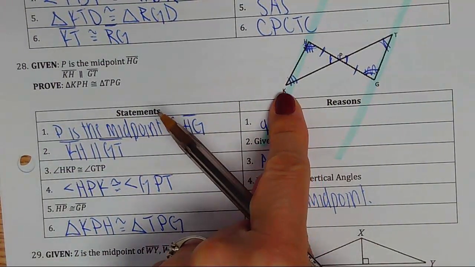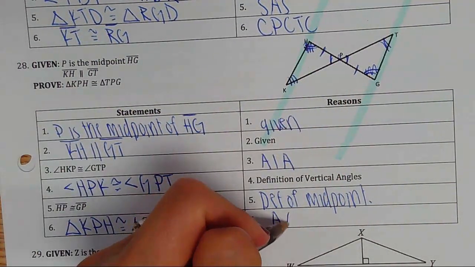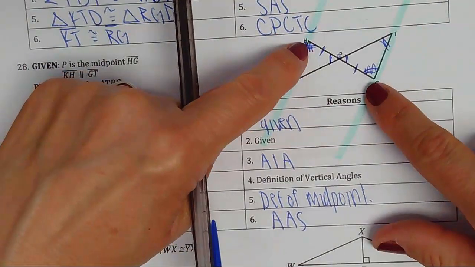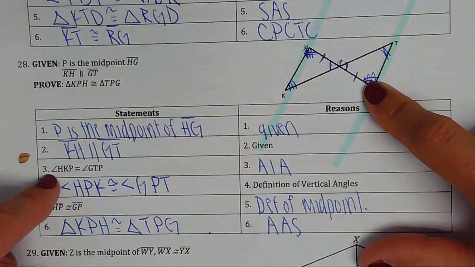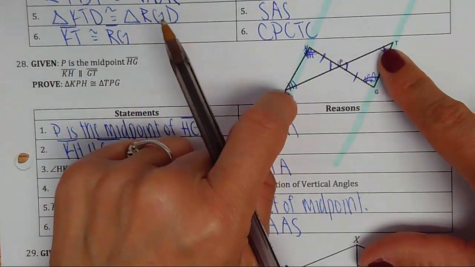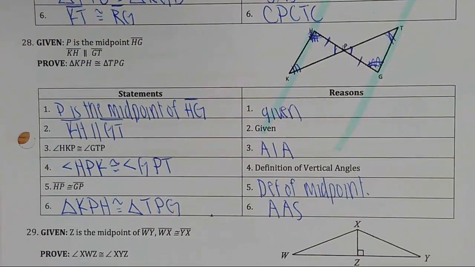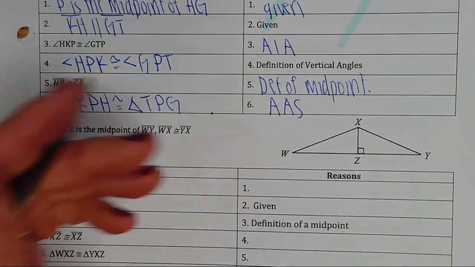And that would be because of angle, angle, side. So because they called out a different congruent angle, that's why it became angle, angle, side versus angle, side, angle.